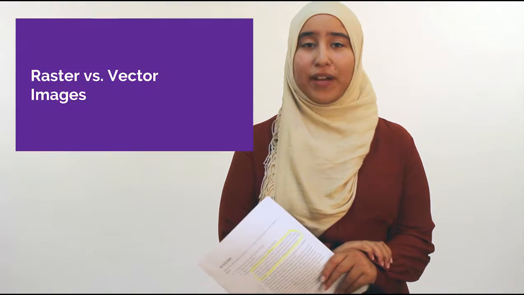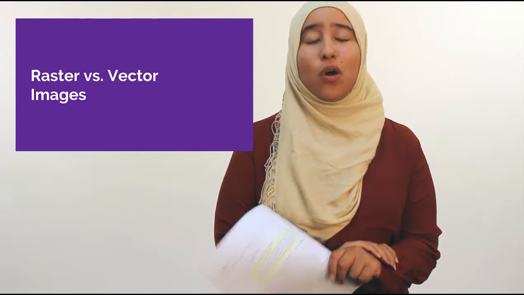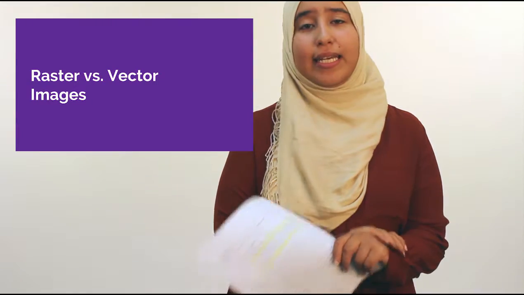Now we'll take a second to discuss raster and vector images. We did go over this in kickoff, but I just want to give you a refresher in case you forgot. Raster images are made up of pixels, and they are best used for editing photos and creating continuous toned images. They do not scale up optimally.